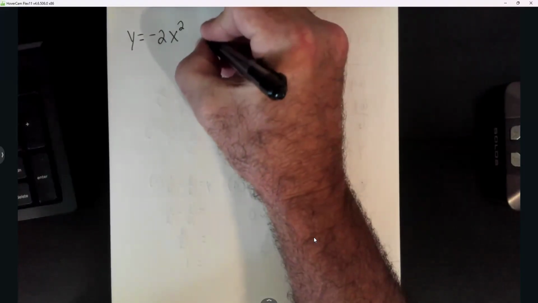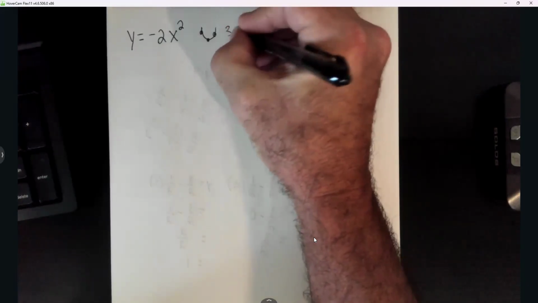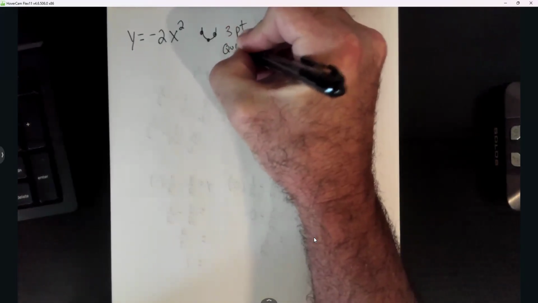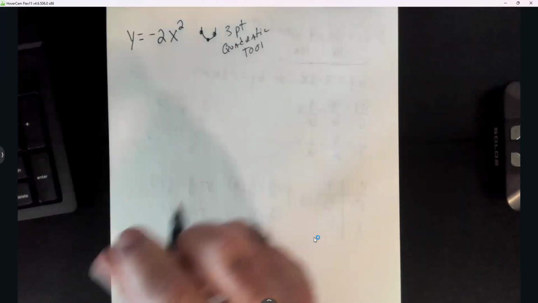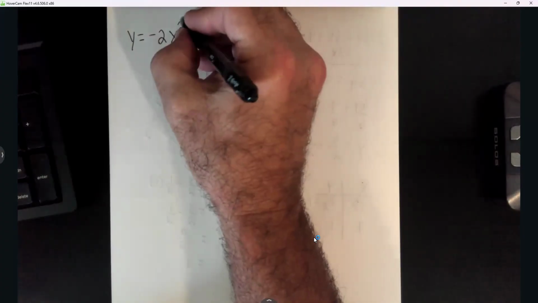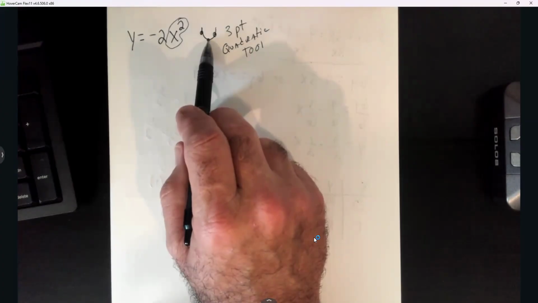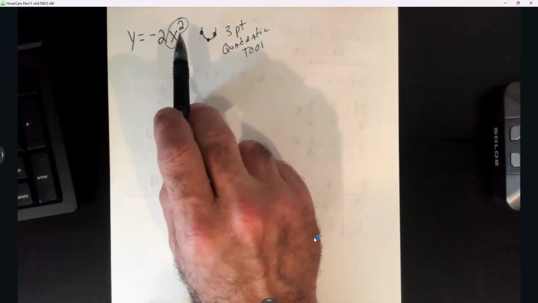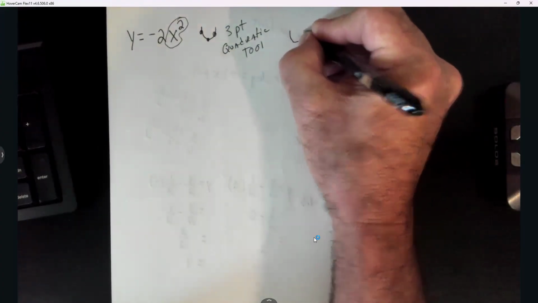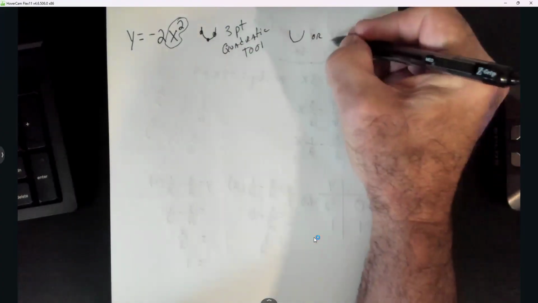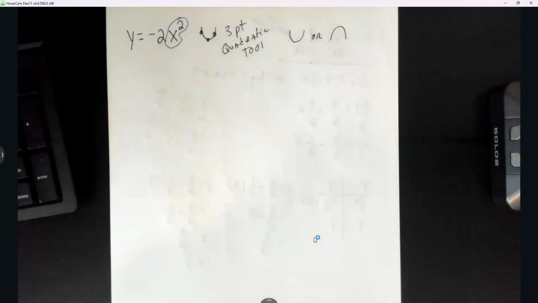So this uses the 3-point quadratic tool. Anytime you have this x squared, we're using this tool, okay? Now, these graphs will either look like a U or they'll flip over and look like an upside down U on this one, okay?